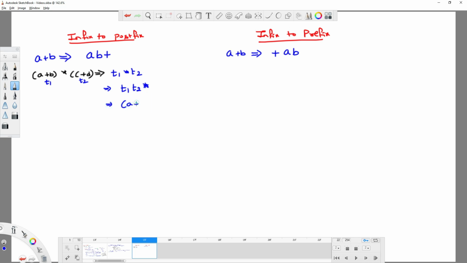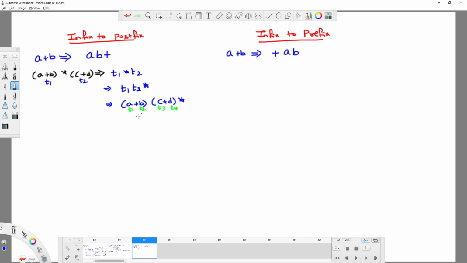t1 means a plus b, t2 means c plus d. Now, is it an infix expression or a postfix expression? It is not a postfix expression, so you have to convert all the parts. Assume once again this a plus b as t1 t2, and this c plus d as t3 t4. See guys, this is not the only way you can solve it; you can have your own process.